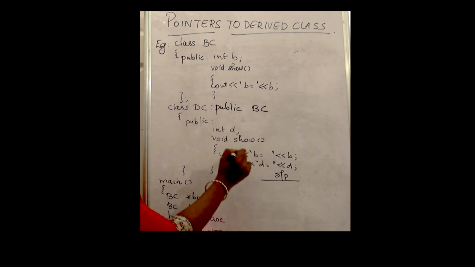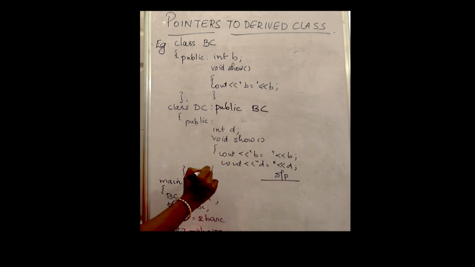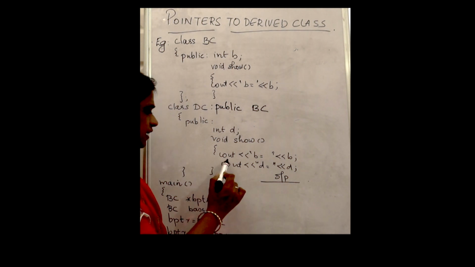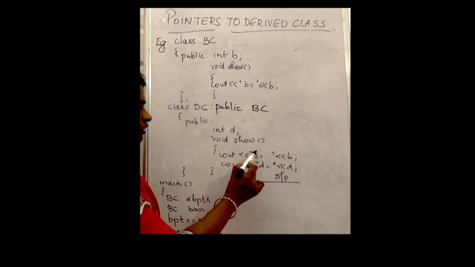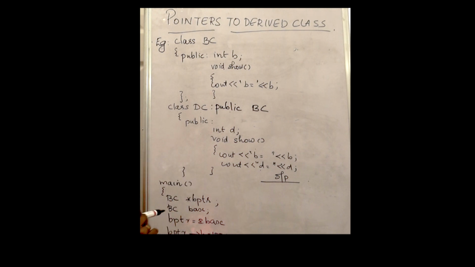The same function is here also. It is overridden here, but the definition displays both the values B and D. This is single inheritance. Through inheritance, B is inherited by class DC, so we can access B inside show. We'll see how pointers can be used to access these data and functions.